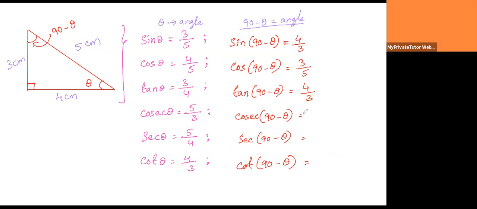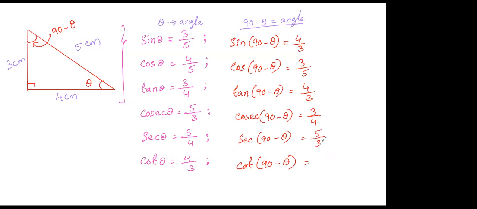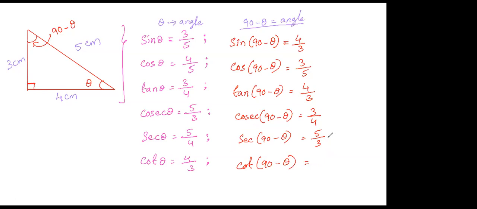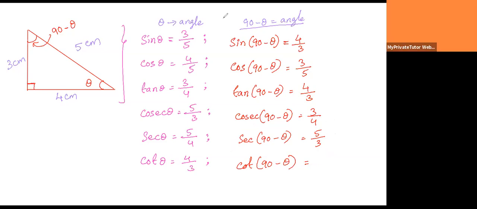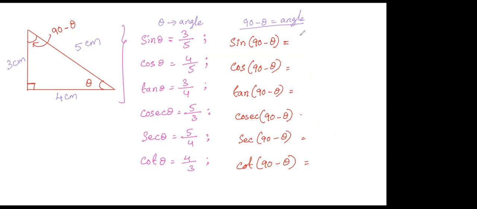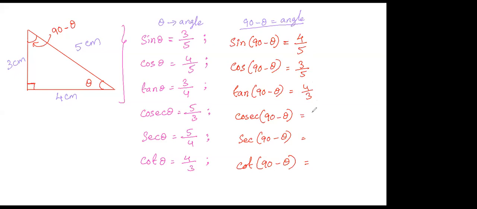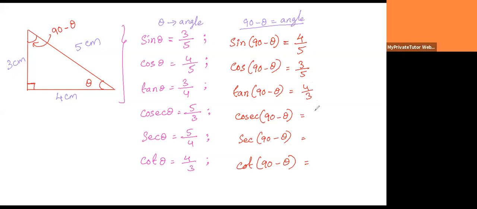So cosecant becomes 3/4? Just a moment. Sine 4/5, cos 3/5, tan 4/3, and then cosecant becomes 5/4.